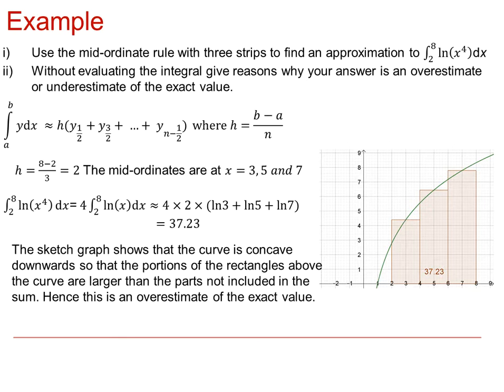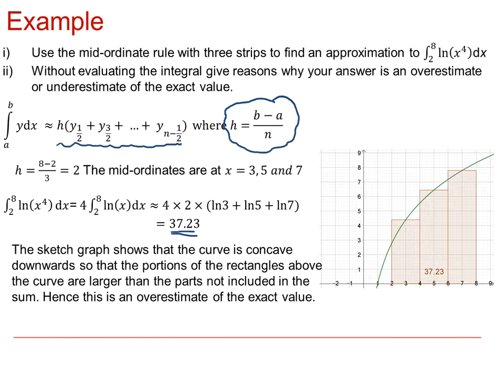So let's just look at that again then. The mid-ordinate rule is given by this formula, where the width of the intervals, or the width of the rectangles, is given by b minus a over n, depending on the number of rectangles that you're using. We calculated therefore that the mid-ordinate rule value that we get for the integral was 37.23.